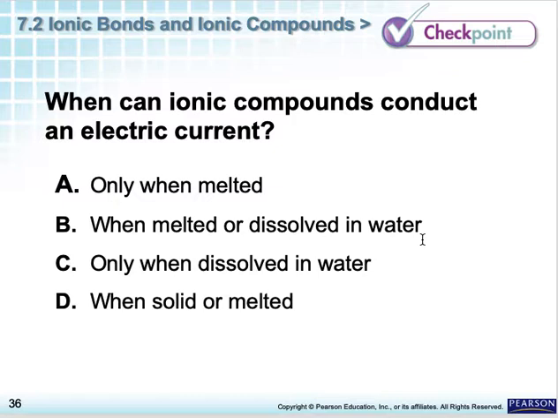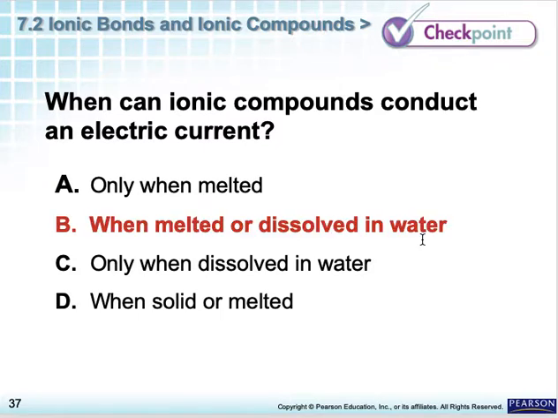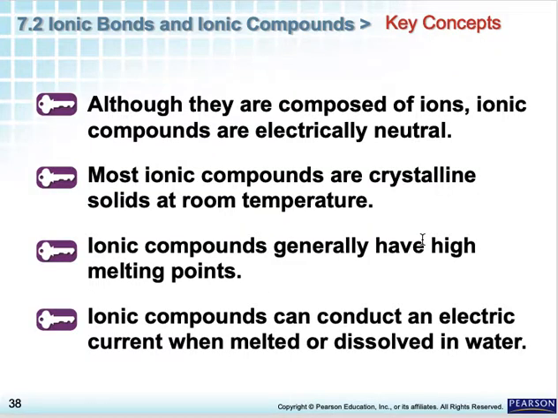It says, when can ionic compounds conduct an electric current? And so you should write your answer down. And of course, it's on the next slide. So if you're not sure, it can only do it when melted or dissolved in water. So that's your second one or third one for this series of videos.